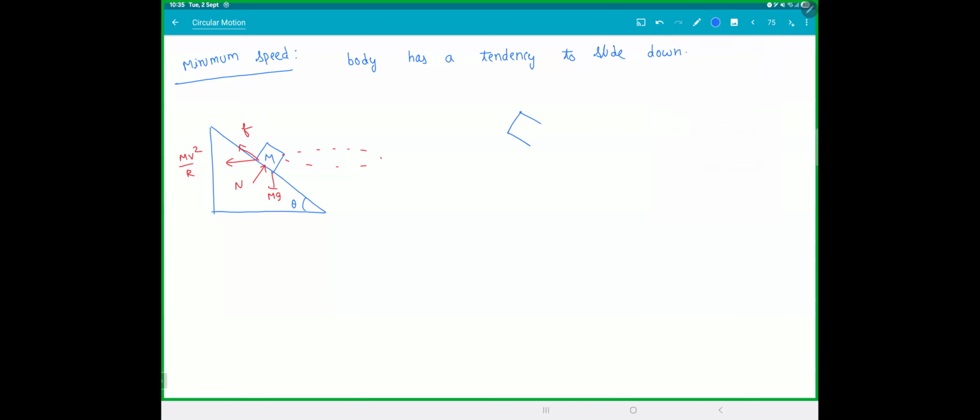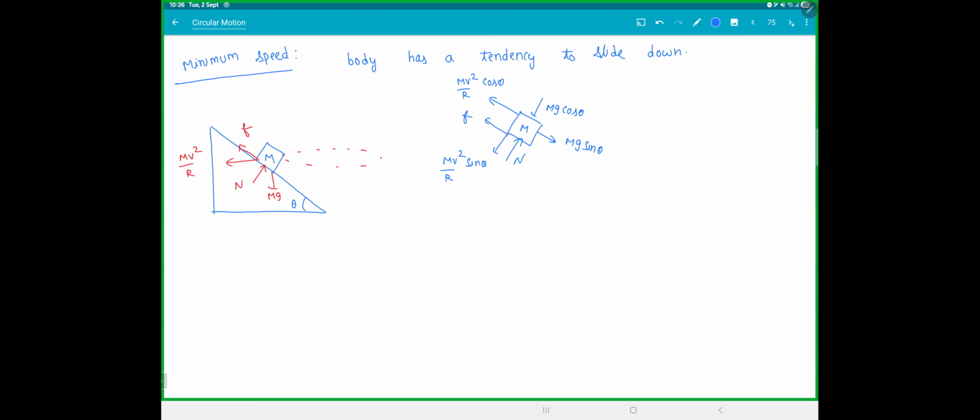Same thing if you write the components. mg sine theta, normal reaction, mg cos theta, the centrifugal force's component mv square by r cos theta. Friction will be up. mv square by r sin theta will be down.